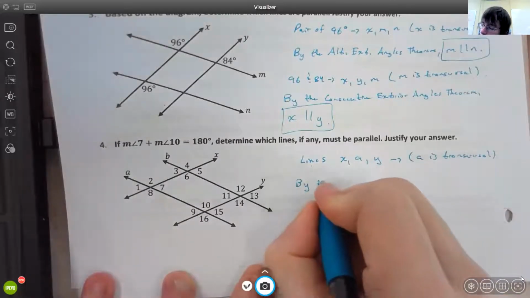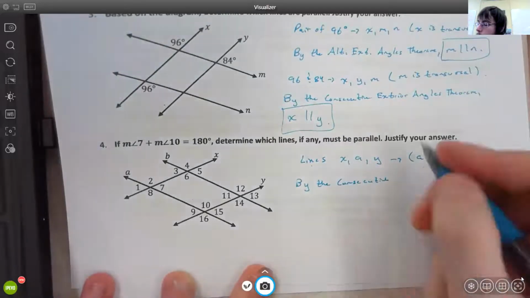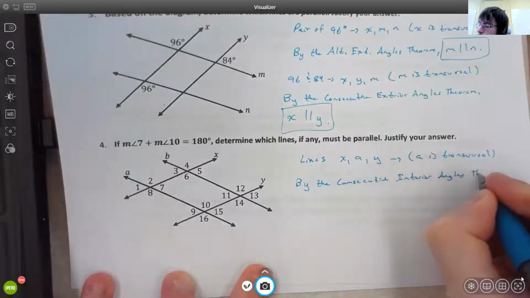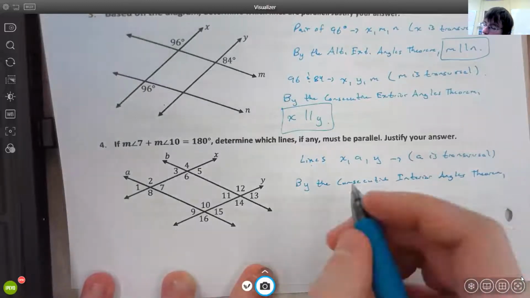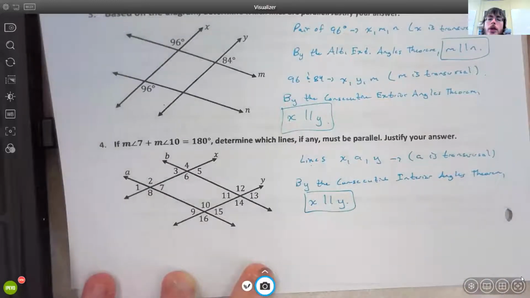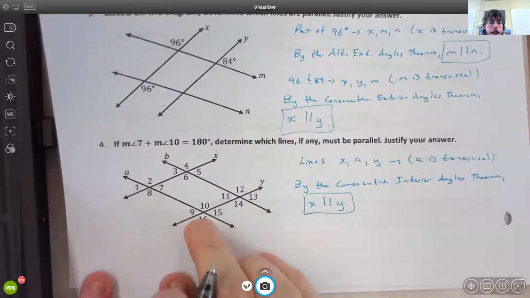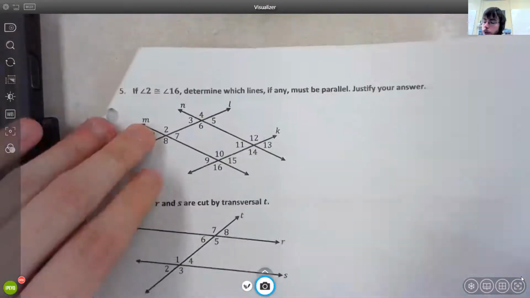So by the consecutive interior angles theorem, X is parallel to Y. Now, there are some cases where you will not end up with a set of parallel lines. You just have to check and make sure, okay? Remember, if they're vertical or linear, they can't be used to prove it.